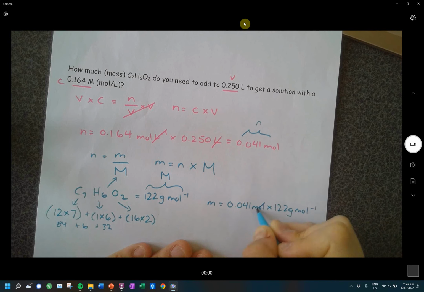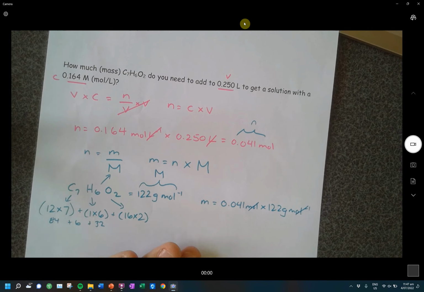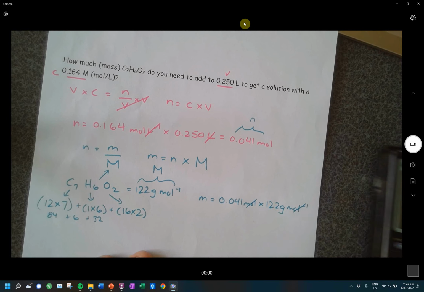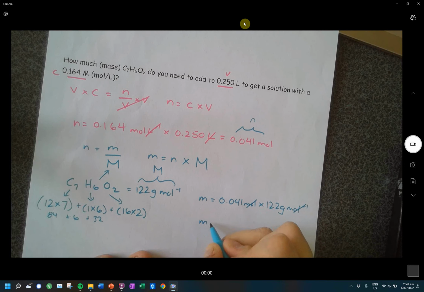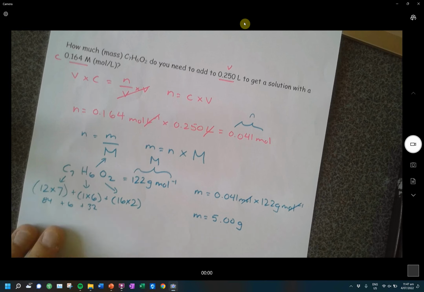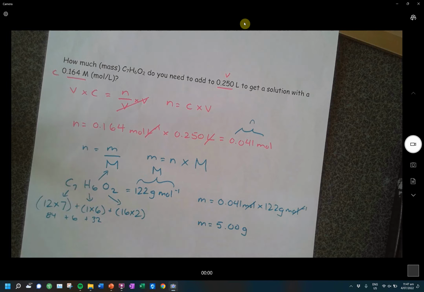The moles cancel out, which is good because it tells me I'm going to just have grams. And so my mass is going to be basically 5 grams. So if I weighed out 5 grams of that chemical and mixed it into 250 milliliters of water, I would get that concentration. Are we okay? All right, moving on.